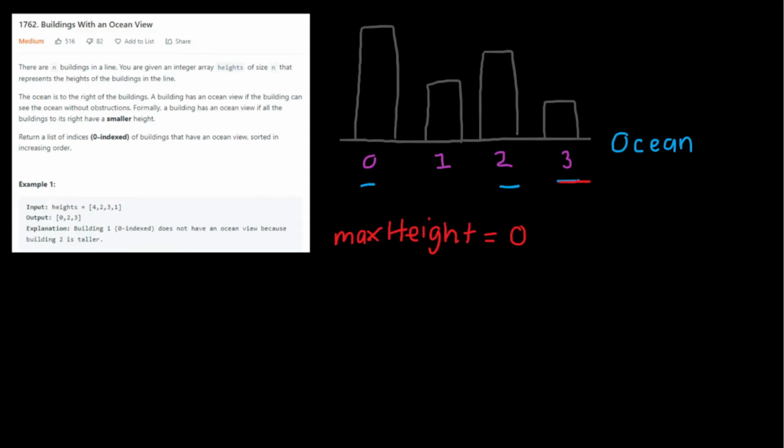Since building 3 has a height of 1, it is taller than the current max height, so we would mark it as a building with an ocean view and also change the current max height to 1.